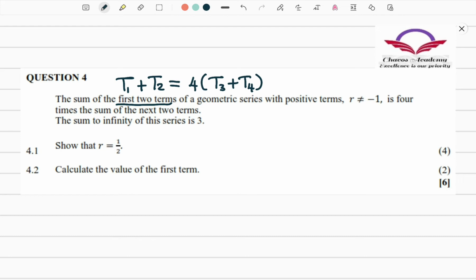And the sum to infinity of the series is 3. Remember the sum to infinity is denoted like this. So we need to show that r is half, and we're going to work with this.